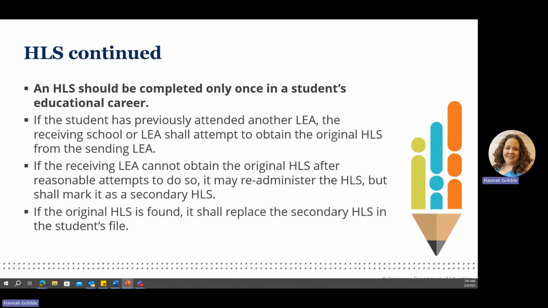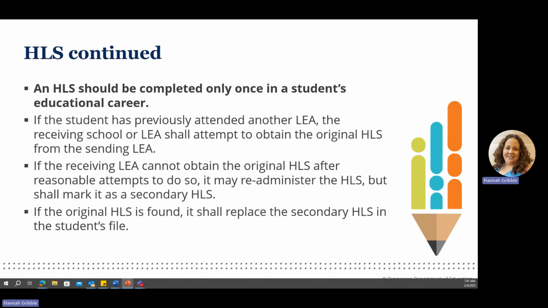The reason an HLS should only be completed once is because the state has noticed when students move from LEA to LEA, often the home language survey is changed in the middle of that.